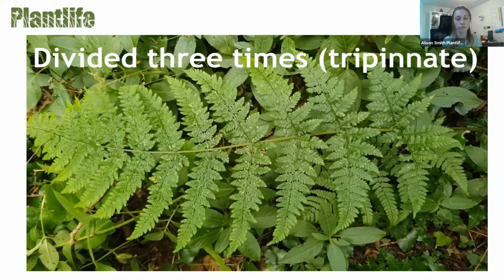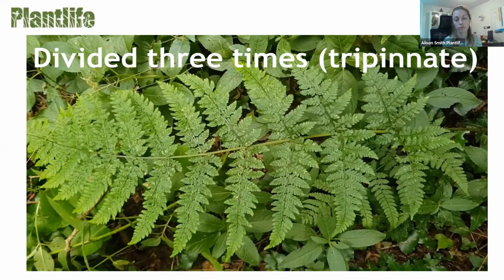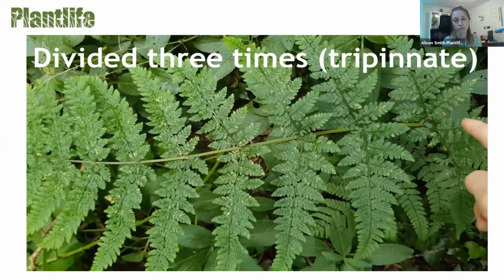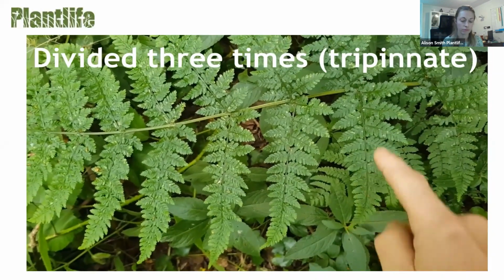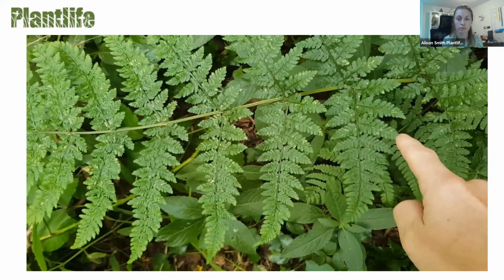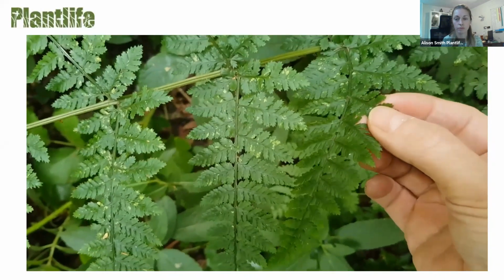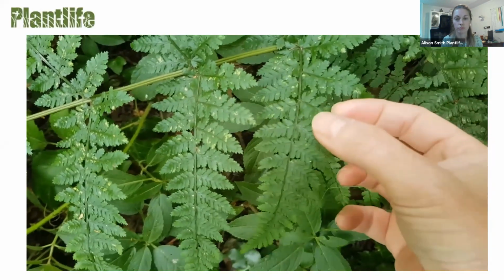Let's take a closer look at this fern and see if we can work out how many times this frond is divided. If we start with this central stem as 0, it's divided once into these pinna, twice into these pinnules, and then if we look at these pinnules, we can see that they are divided up again into a smaller segment that we call a pinnulette.